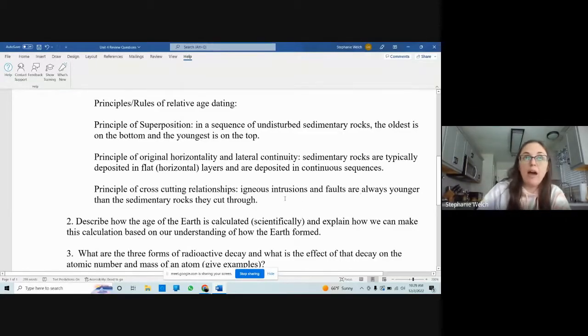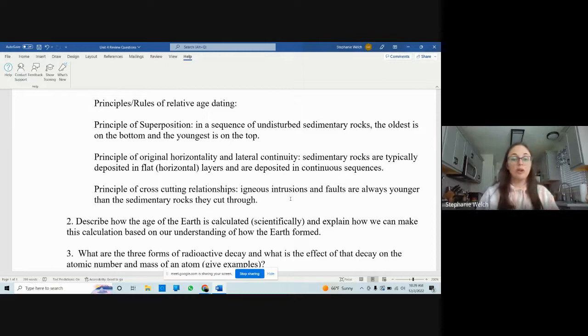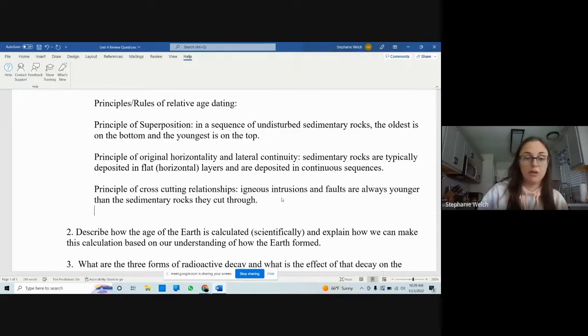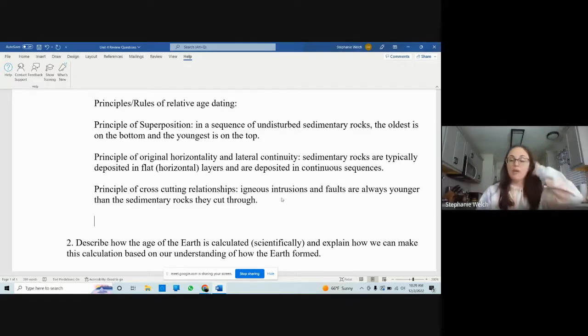So if you have a layer of sedimentary rock, an igneous intrusion intrudes up through those rocks, and then all the rocks are faulted, the sequence of events goes 1, 2, 3: sedimentary rocks, the igneous rock, and then the fault. So it allows us to, again, tell the story of when the events that caused the igneous intrusion and the fault took place. We can put them as happening more recently than the deposition of the layers of rock. And so again, it's all just allowing us to tell a story.